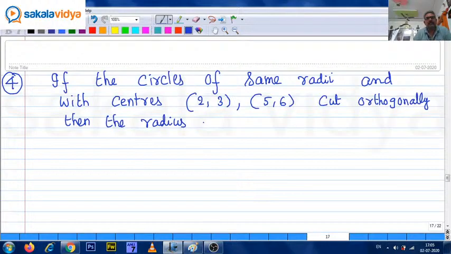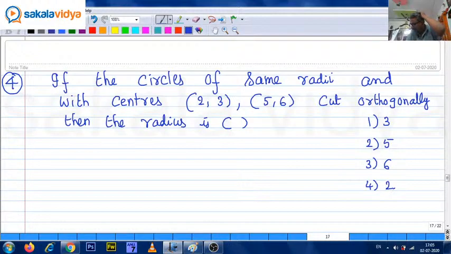That means the center of the first circle is 2, 3, second circle is 5, 6. We need to find the radius of each circle. First option 3, second option 5, third option 6, fourth option 2.